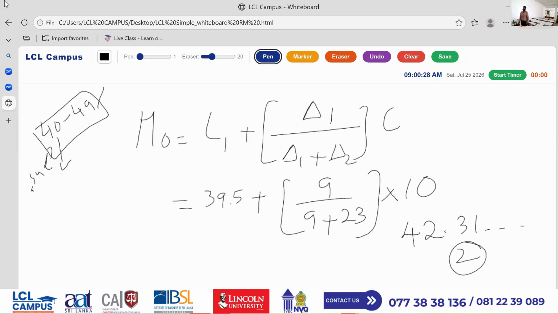So, what if they ask you to calculate the median? First check the total frequency.